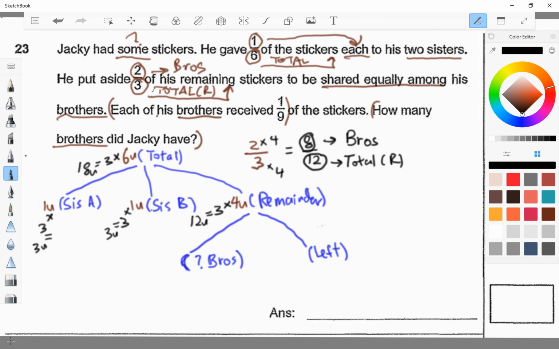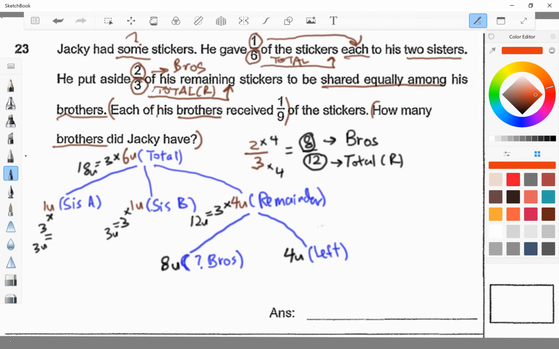So the next step is I have to indicate that for the brothers, the bros is actually 8 units. And finally, the left itself will be 4 units because they add up to the total remainder. So it was mentioned in the question that each of the brothers received 1 out of 9 of the stickers.